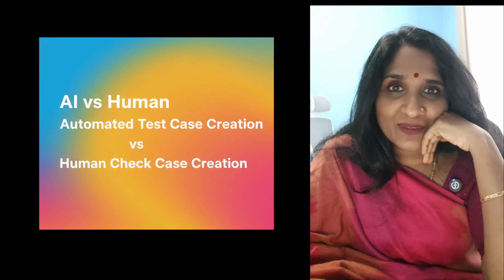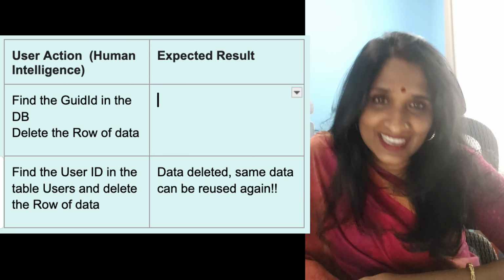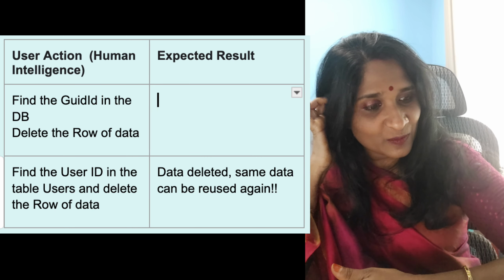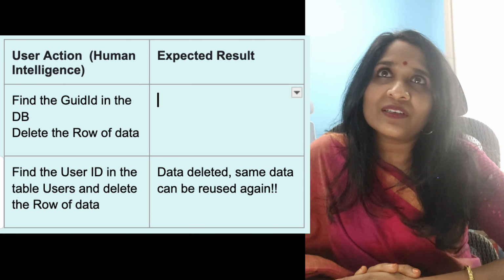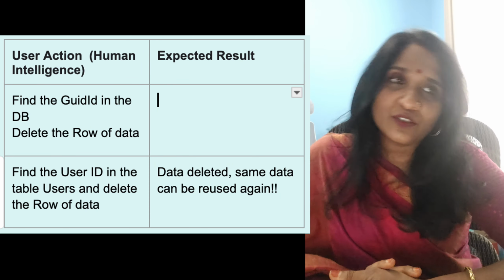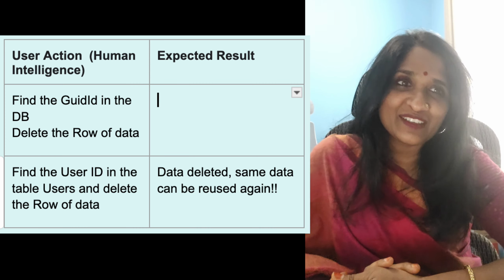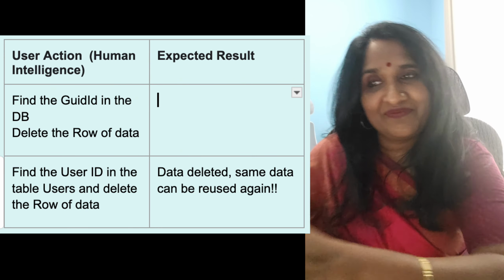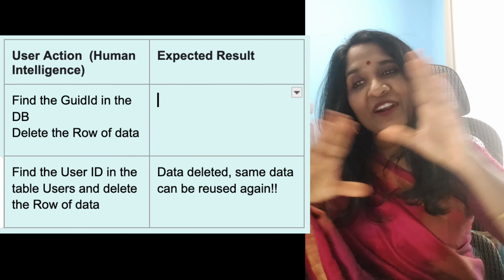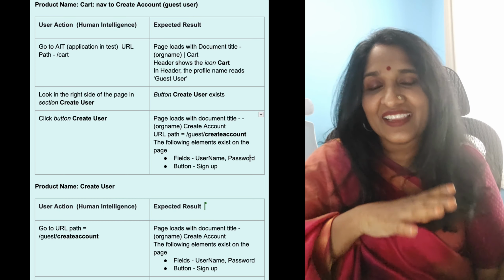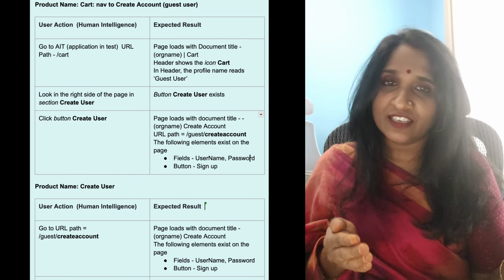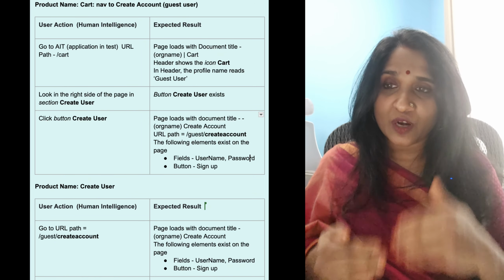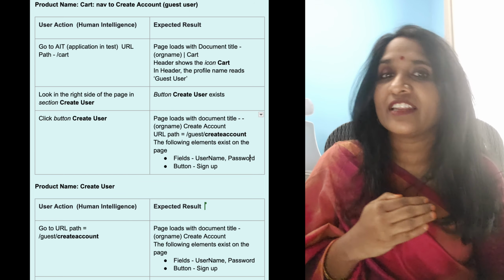So that's how you write a test case. And yes, the majority of the test cases out there in this world are all about going from one page to another, page to another, page to another. But here's the thing. In this particular test case, you're going from the cart page to the create account page. I mean, it's a guest/create account page, but this test case should actually start on the guest/create account page.